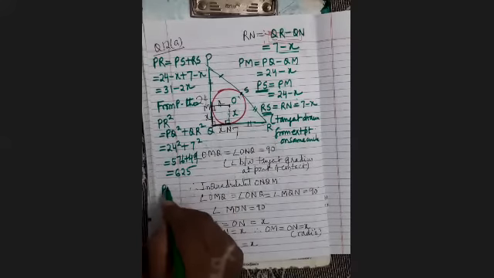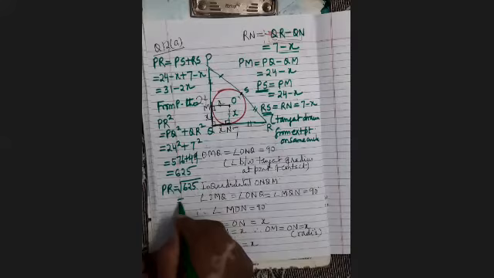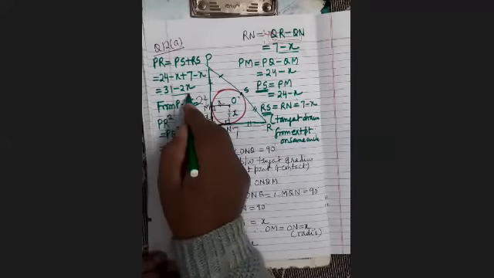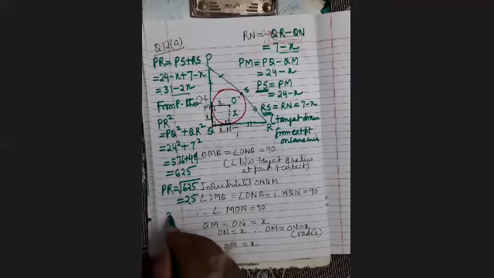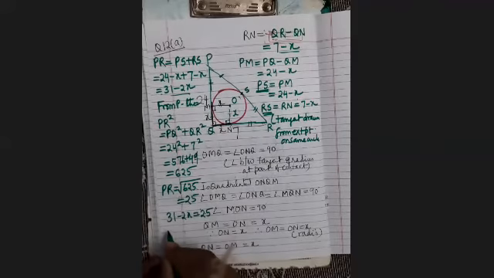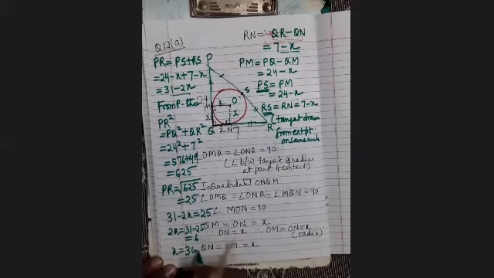So PR is the square root of 625, that is 25. Now PR's value we found from here, and from here it is 31 minus 2X. So both will be equal. 31 minus 2X equals 25, so 2X equals 31 minus 25, that is 6. So X equals 3 centimeter.